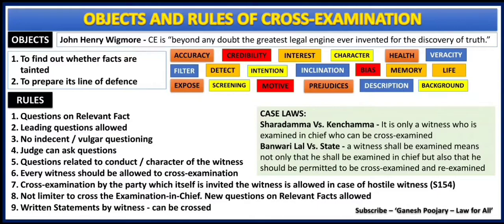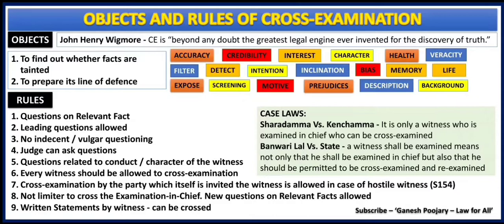Two important objects of cross-examination are to find out whether facts are tainted, and the second one is to prepare its line of defense. That means the adverse party will prepare its line of defense along with doing cross-examination. These are the two major objects, and this is mostly connected to the accuracy of the witness, the credibility of the witness, what interest the witness has in giving such evidence, what the character of the witness is, what the health status of the witness was, and what the veracity or truthfulness of the witness is.